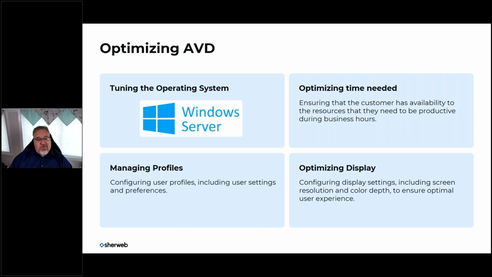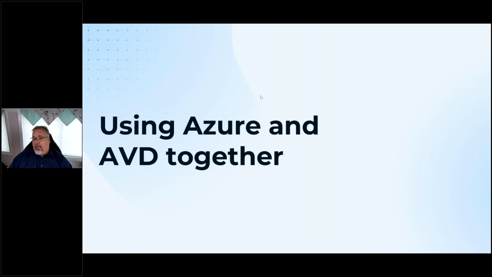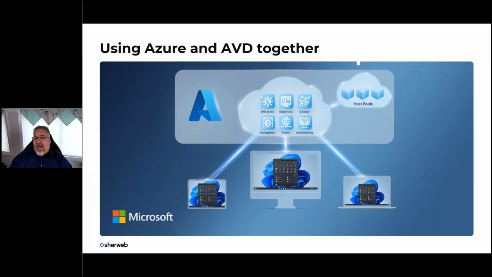We talked about this, so I'm going to skip that slide. Using Azure and AVD together. I kind of talked about it to some degree in the beginning part of my presentation, but not only are you setting up your host pool, your networking, your virtual desktops for your users, you get the ability to set up GPU enabled.